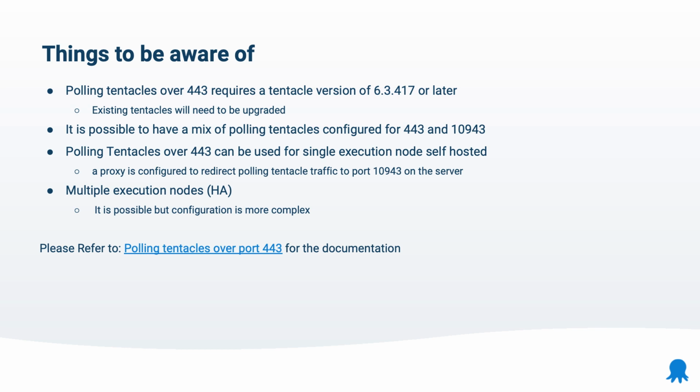The other question is, can I have a mix of polling tentacles, some on 443 and some on 10943? This may arise if you're in a program of moving existing polling tentacles to utilize this new capability. And the short answer is yes, because of that backward compatibility, this all works. So you can have a period of having a mix and it all just works.